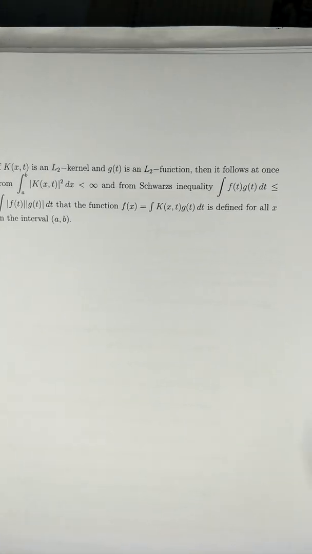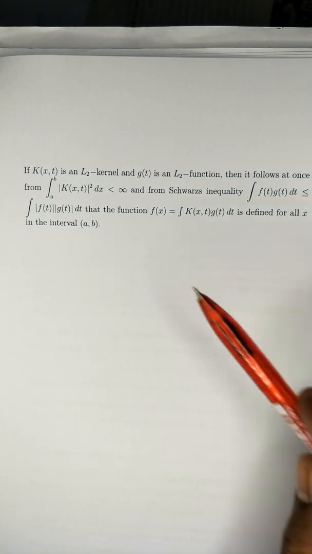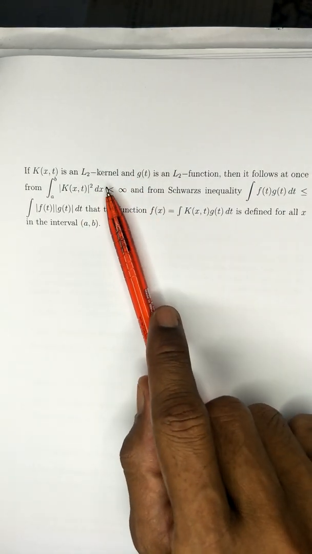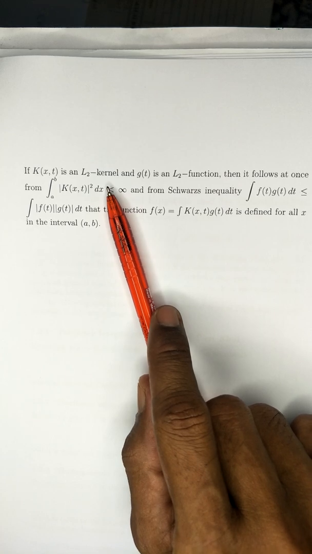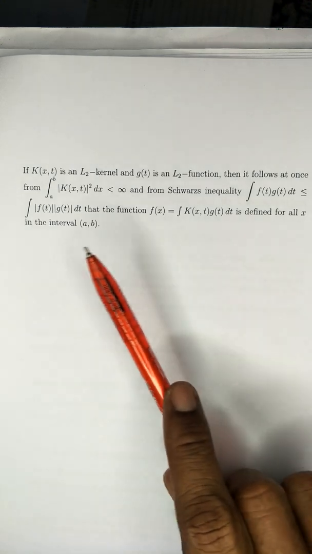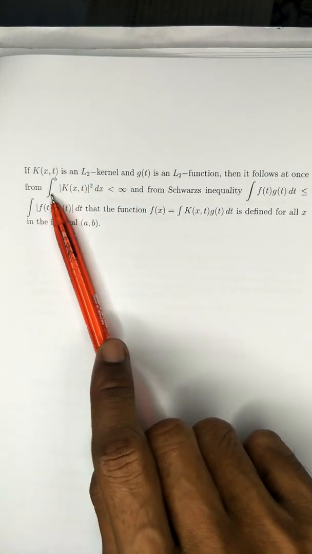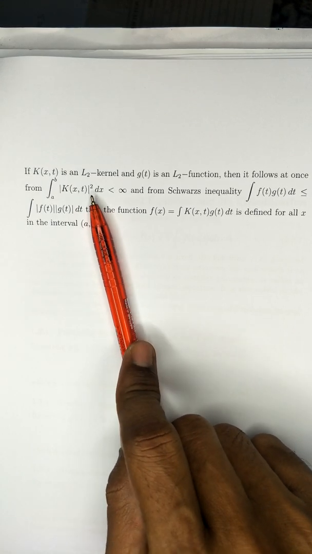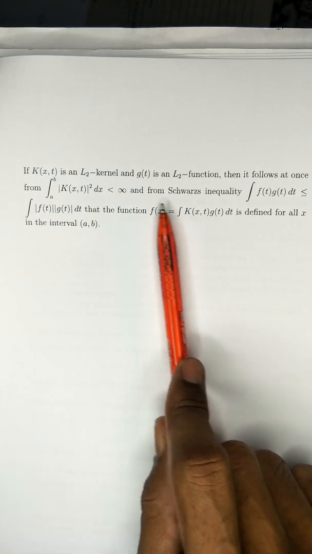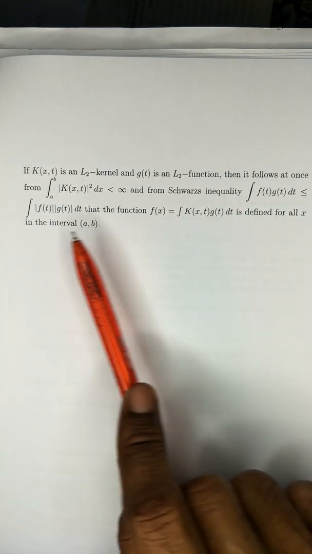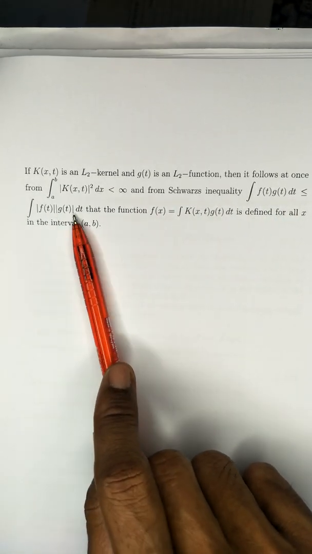Then the last part in this video: if k is an L2 kernel, as we have defined, and g is an L2 function, then it follows at once that the integral of the kernel squared is finite, and from the Schwarz inequality we have that this integral is less than that.